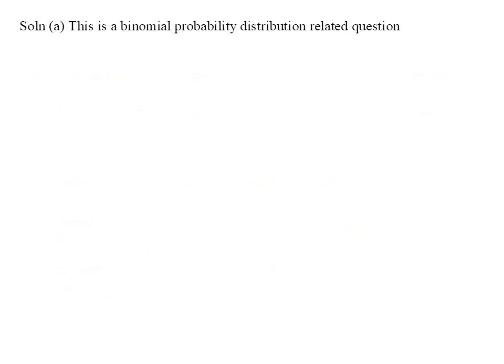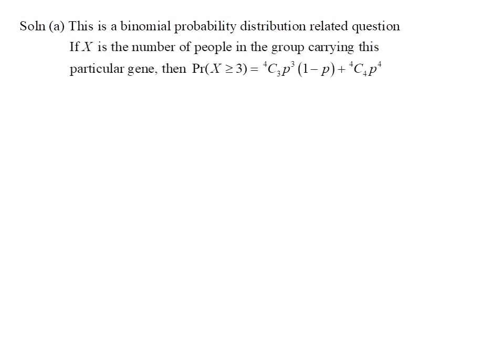Here we start to answer part A of question 5. According to the description earlier, this is a binomial probability distribution related question. Given that X is the number of people in the group carrying this particular gene, Pr(X ≥ 3) is written as 4C3 p cubed times (1 minus p), plus 4C4 p to the fourth.